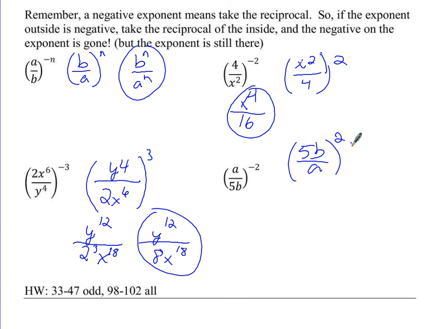And then send in the 2, but the 2 goes to both of those in the top and that thing in the bottom. So that's 5 squared b squared over a squared. 25 b squared over a squared.